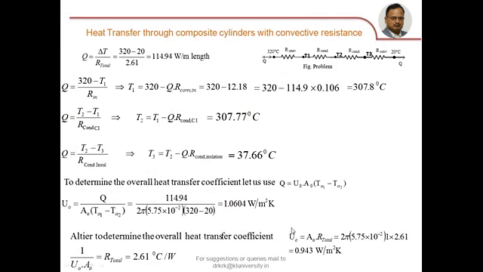Imagine you are given the U_o value, then your job is simple. You use the formula Q equal to U_o A_o delta T. This delta T is the inside fluid temperature, which you can measure with a thermometer, minus the outside surrounding temperature. And for A_o, take a tape, put it around the pipe, you will get the outer circumference, from which you can calculate the outer surface area per meter length. Then into U_o A_o delta T, you will get the value of Q.